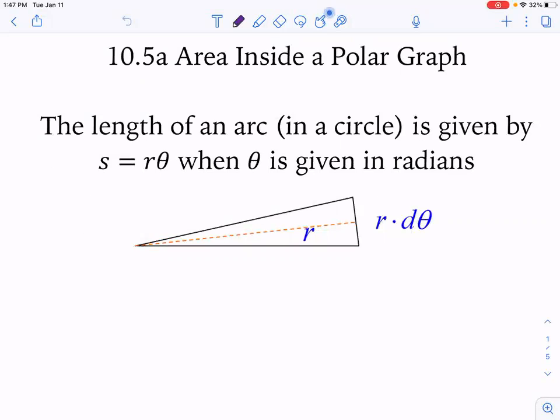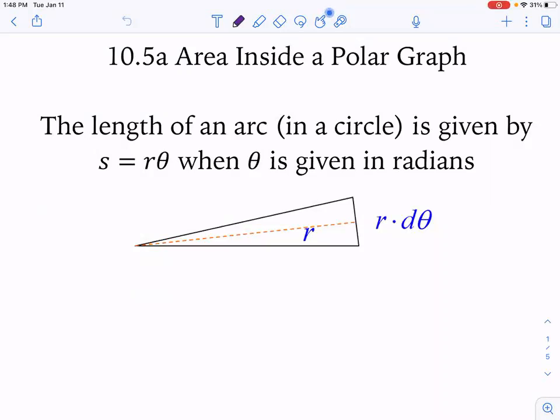We are going to talk about area inside of a polar graph as well as polar arc length. I'm going to show you how.